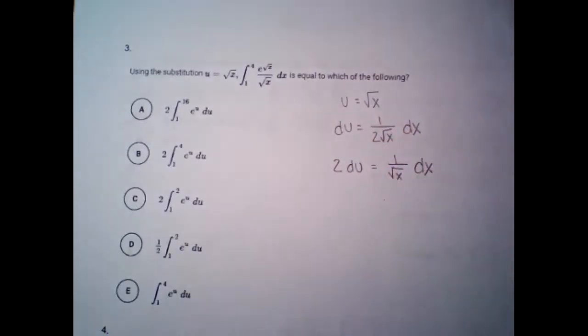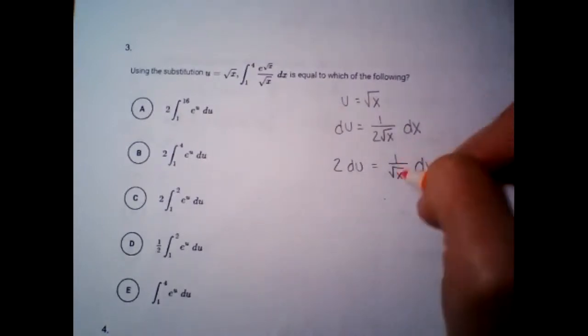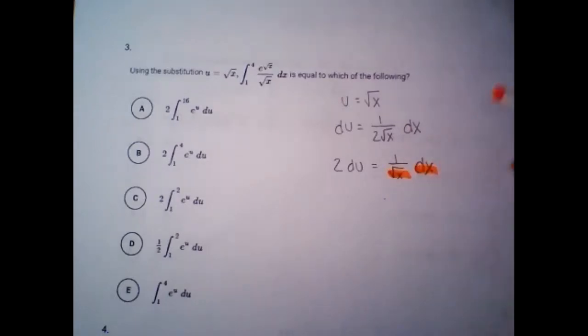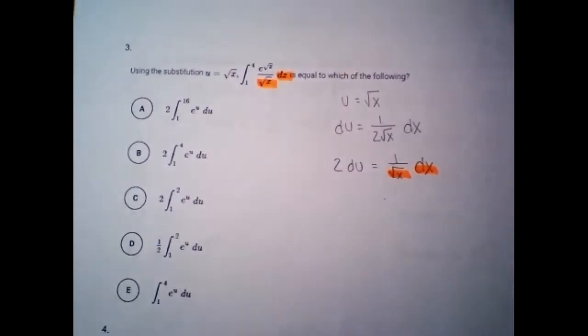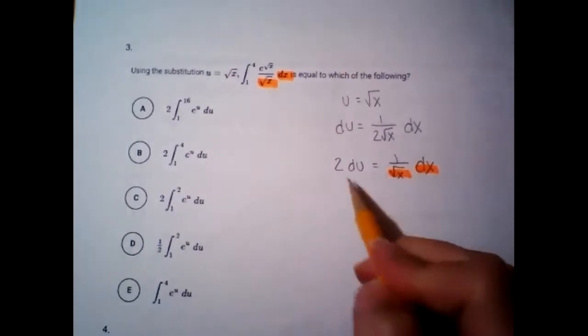And then I like to highlight, you can or not, you're actually not allowed a highlighter on the AP exam. You could underline, I suppose. But in place of this division by square root of x dx, we're going to put 2 du.